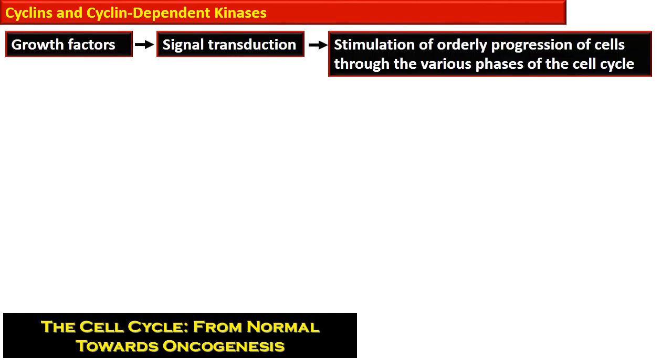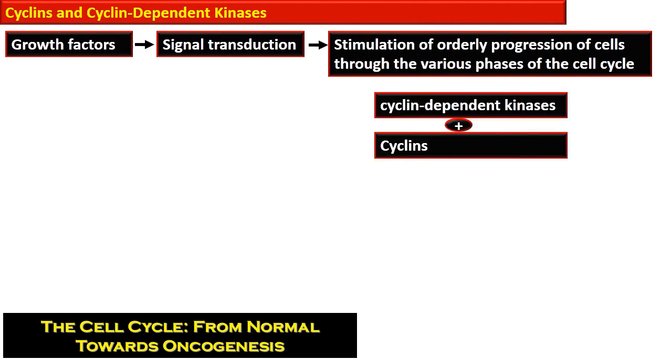As we have seen earlier in the video on the cell cycle, from normal towards oncogenesis, the growth factors are responsible for signal transduction and stimulation of orderly progression of the cell through various phases of the cell cycle. It is dependent on the binding of the cyclin dependent kinase with the cyclin.